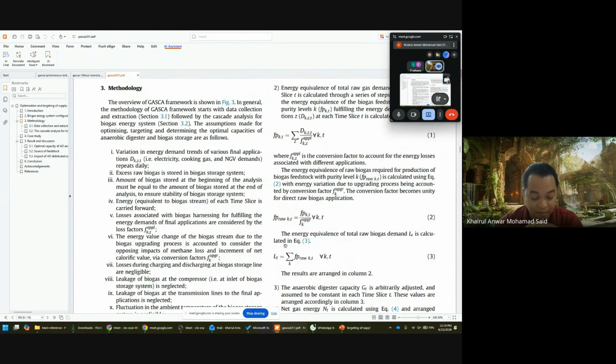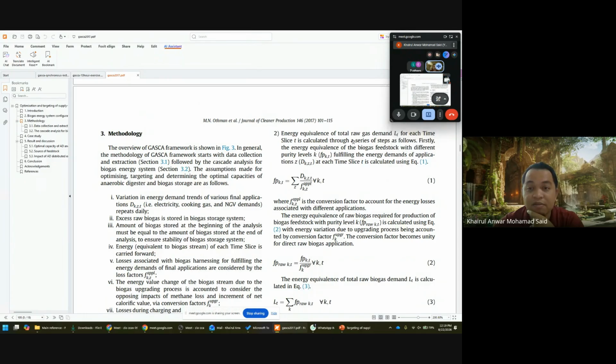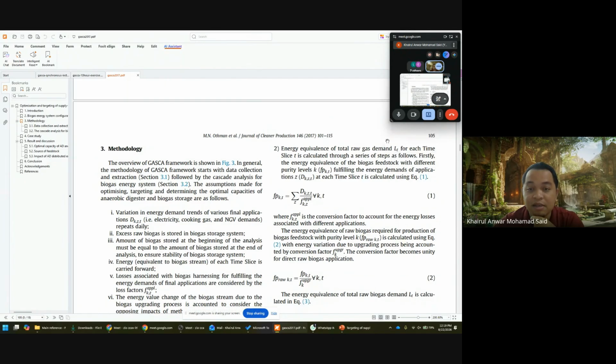Let's start with the energy equivalent of total raw gas demand, LT, for each time slice T, which is calculated in a series of steps as well. Because it's a time slice, it doesn't matter whether it's one day or 24 hours, or just 10 hours or 6 hours.